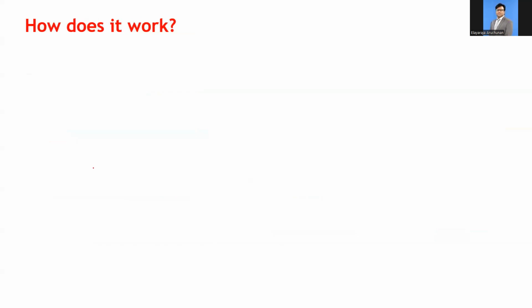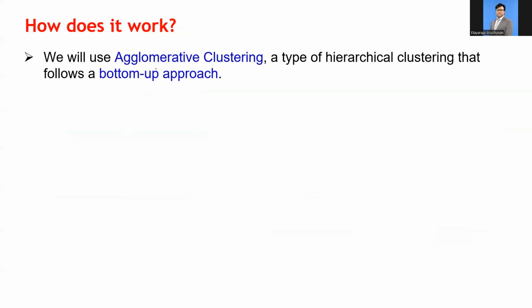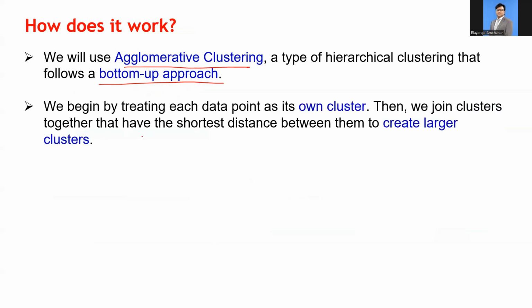Okay, let's see how it works. First, we will use agglomerative clustering. Agglomerative clustering is a type of hierarchical clustering that follows a bottom-up approach. I'll show you in a while what the agglomerative clustering graph or dendrogram looks like. We begin by treating each data point as its own cluster. Then we join the clusters together, using the shortest distance between them to create larger clusters.